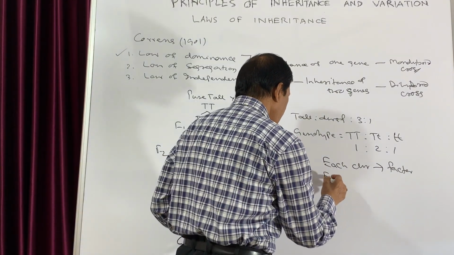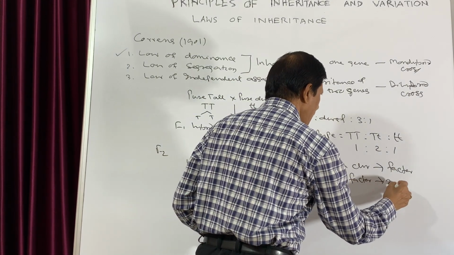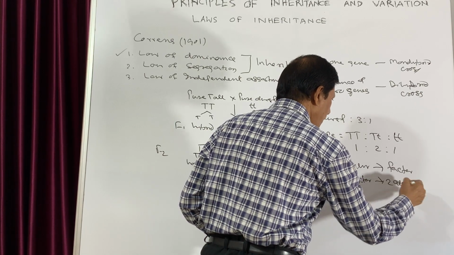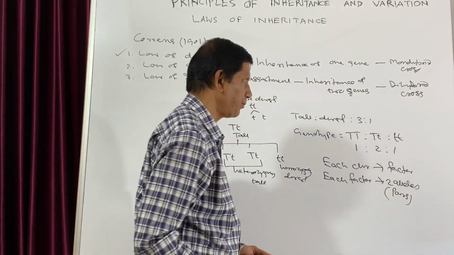Then each factor has two alleles, which are present in pairs.